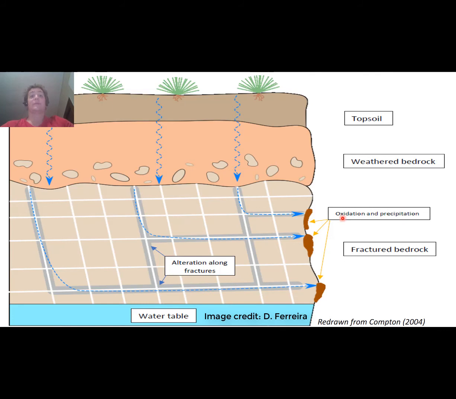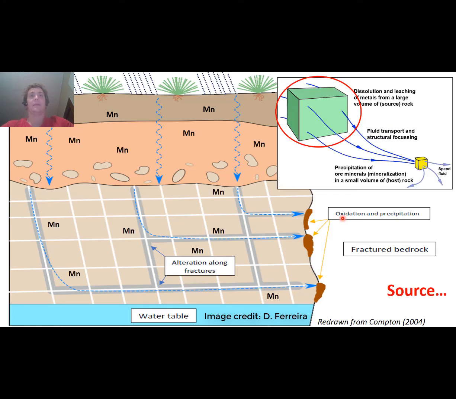This schematic gives an overview of how that source transport trap model may work for the Cape manganese. Briefly, the source of the fluids would be from rainwater which percolates downwards through the soil profile and into the fracture networks in the highly fractured sandstones of the Cape Supergroup.